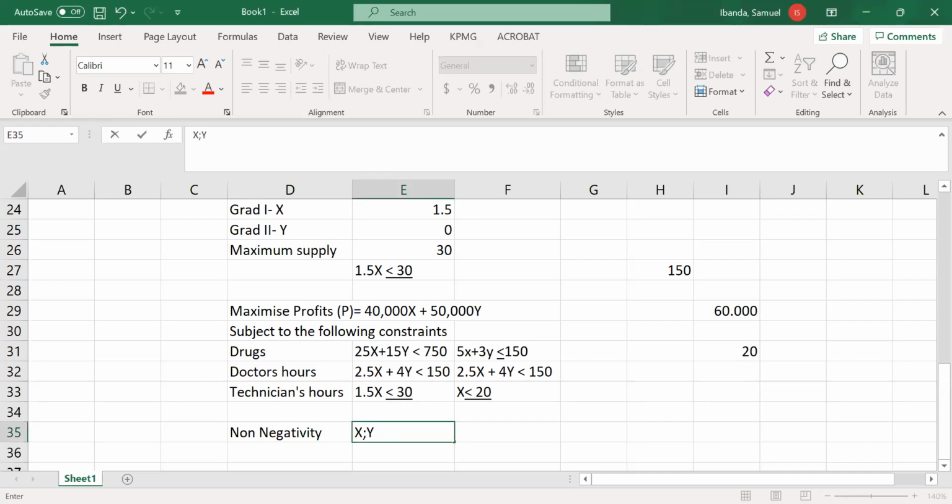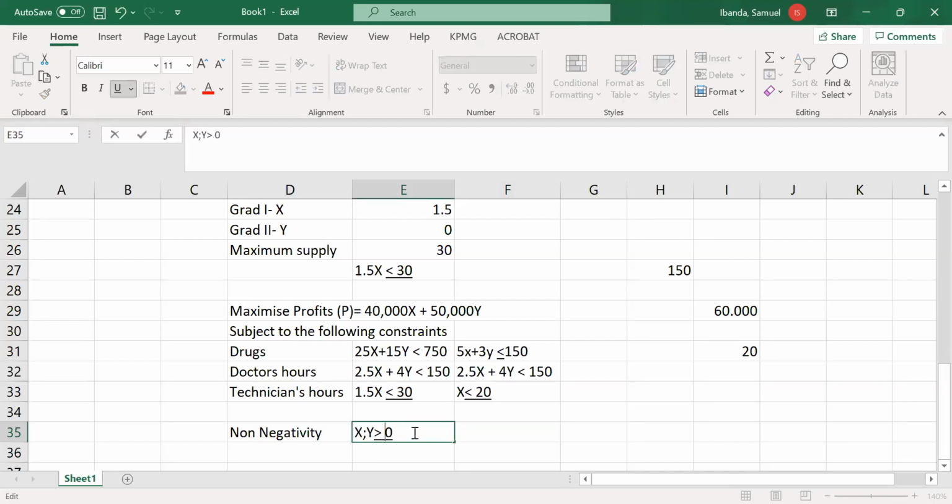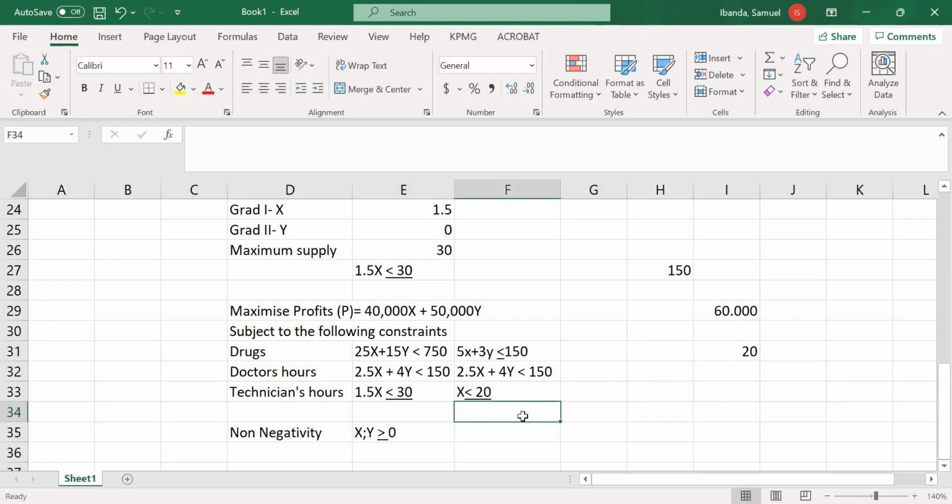We should never have anything like a negative patient, because these are humans, so it cannot be negative. This is one of the other constraints we're looking at, okay? So X and Y should be greater or equal to 0. So this is the function we have.